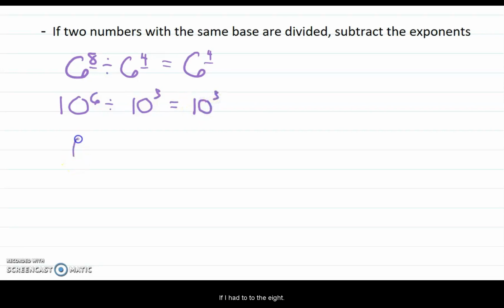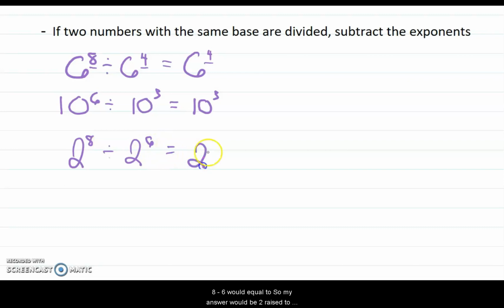If I had 2 to the 8 divided by 2 to the 6, let's just say, 8 minus 6 would equal 2, so my answer would be 2 raised to the 2. Okay, so that's where if we're dividing numbers that have the same base but different exponents, we just subtract the exponents.